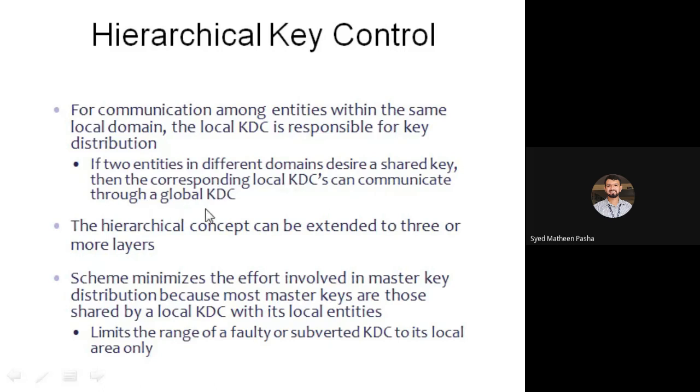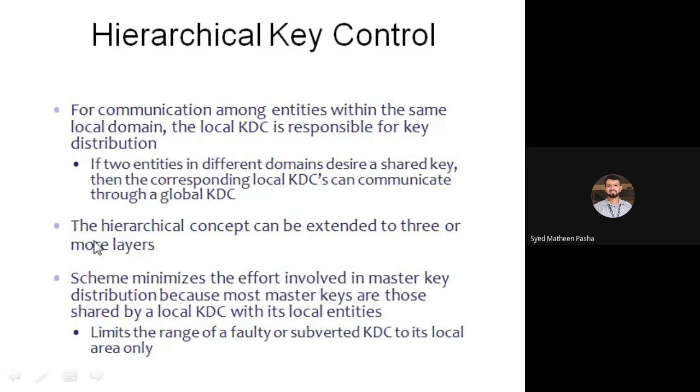Basically, we will be working with local key distribution centers, and there will be something called global key distribution centers, which manage the local key distribution centers. So at that time, the local KDC will have no idea what to do, and it will request help from the global KDC. That is one part you should remember.